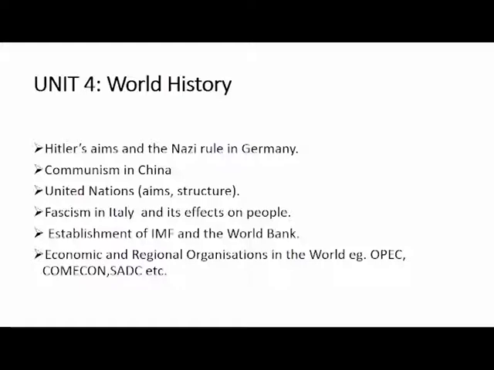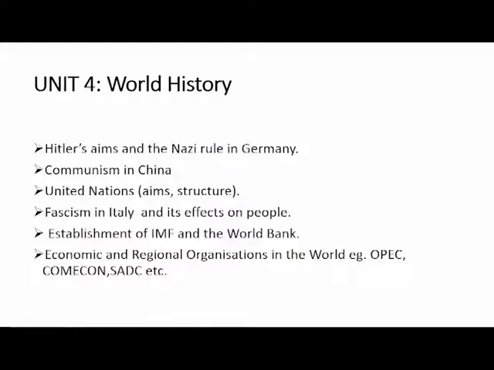We know Hitler is one of the greatest leaders during those years in Germany. You cannot separate Hitler from the Nazi. The Nazi is the party. The leader of the Nazi party was Hitler.